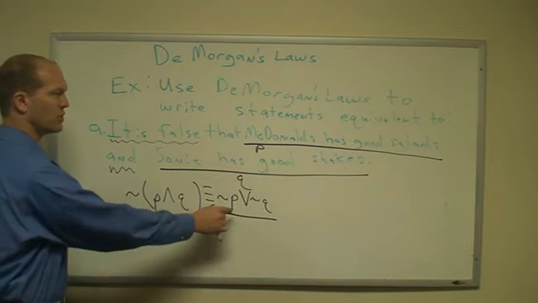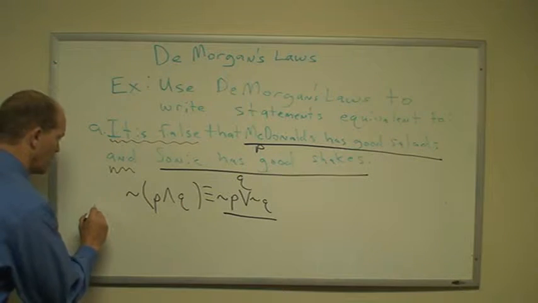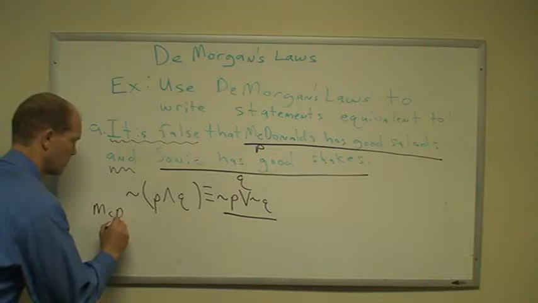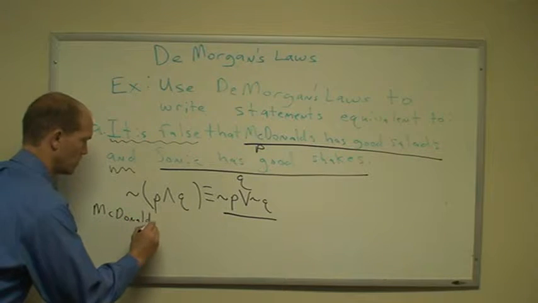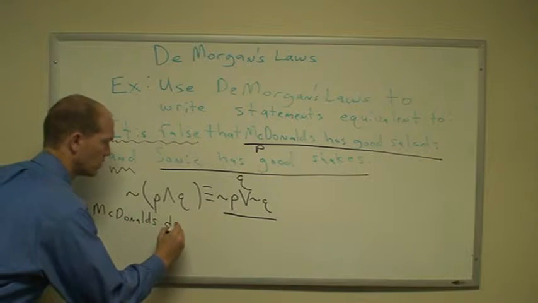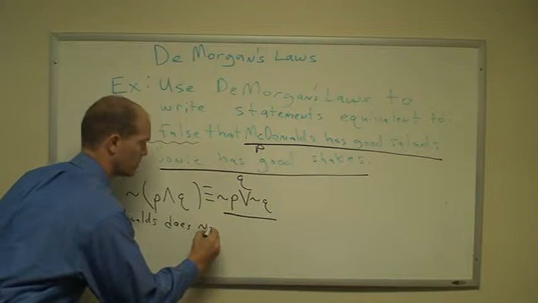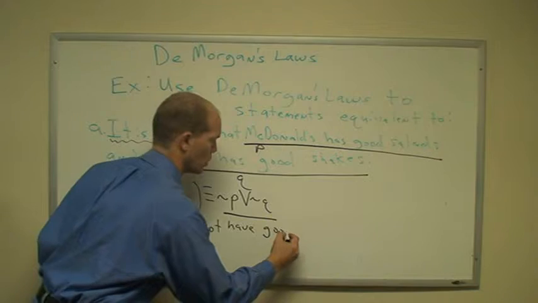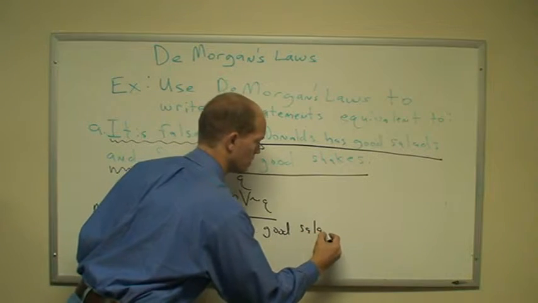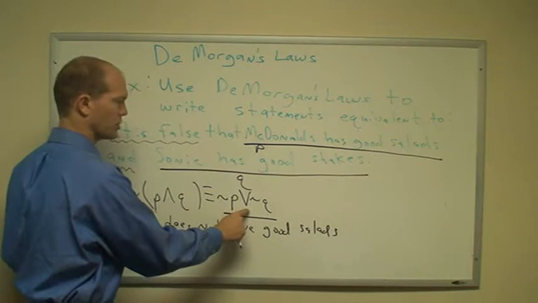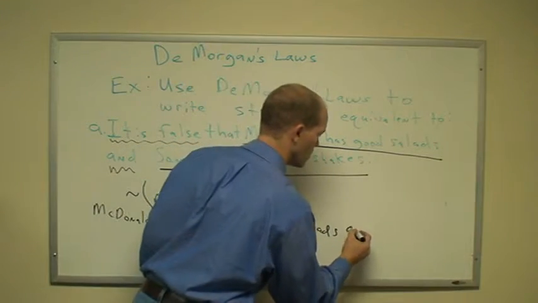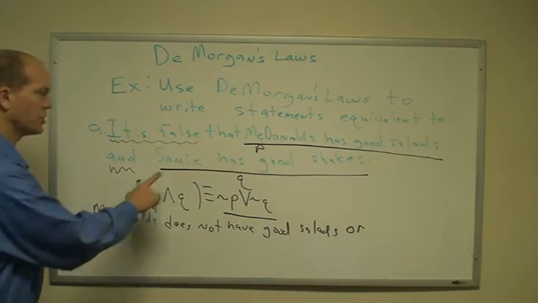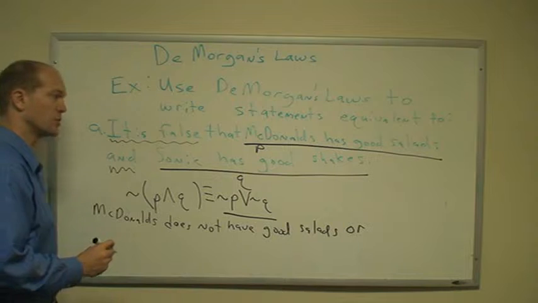So I'm going to write the negation of P, that is, McDonald's does not have good salads. This is the connective or. The negation of Q here should be Sonic does not have good shakes.